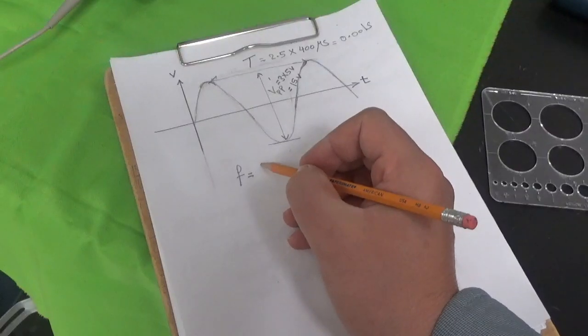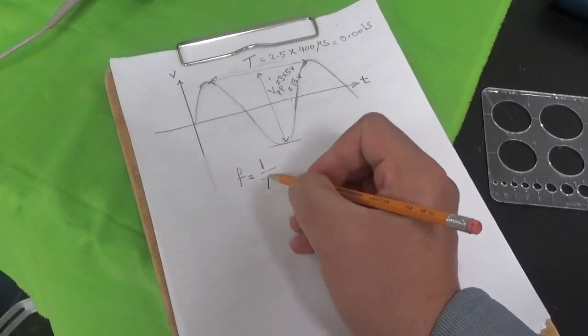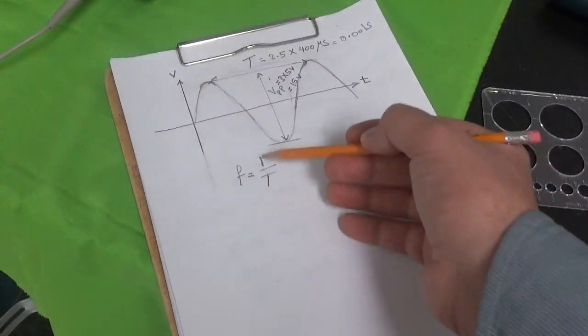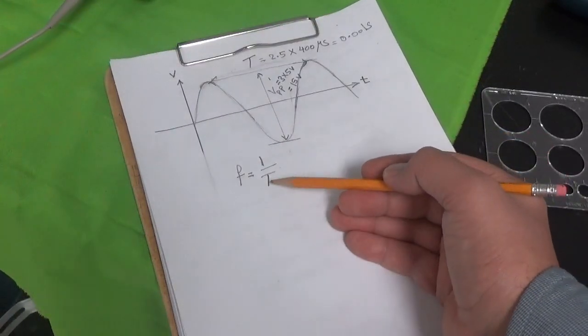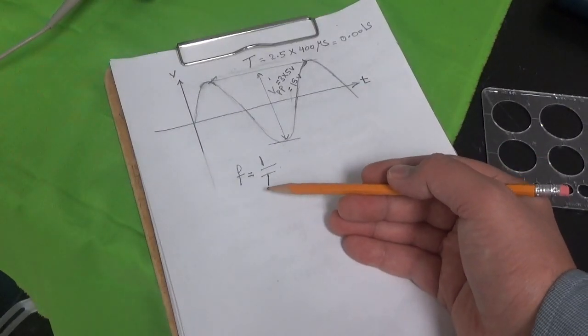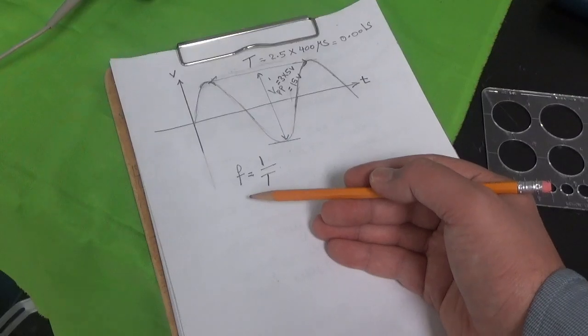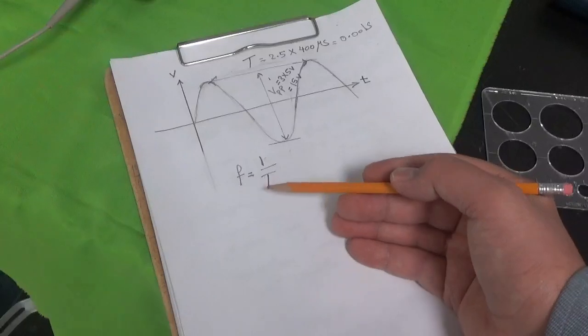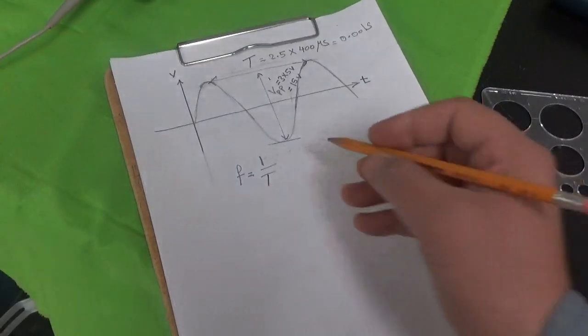So we know that the frequency is equal to 1 over T. This is a simple definition. We studied that when we studied simple harmonic motion and harmonic motion in general, so we know that the frequency is equal to the reciprocal of periodic time.